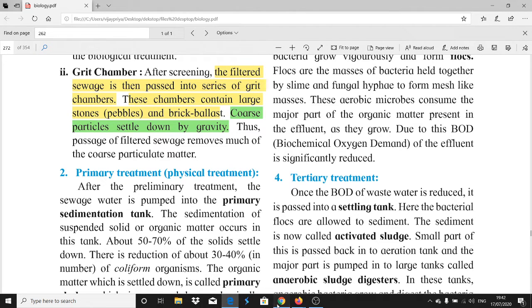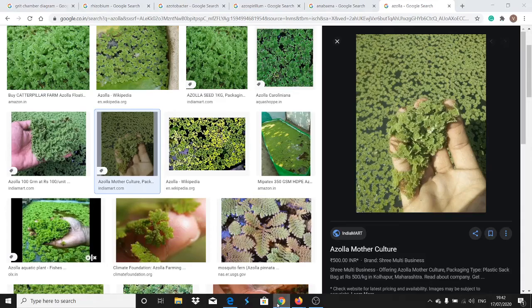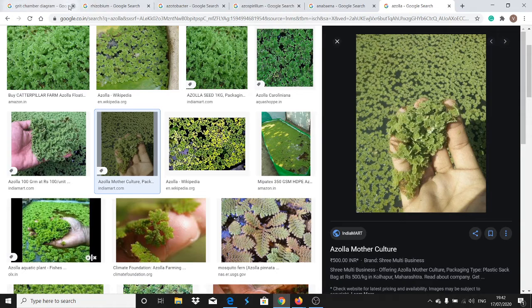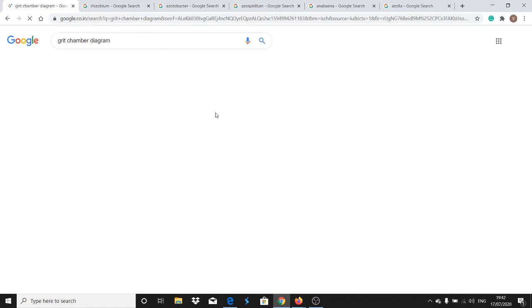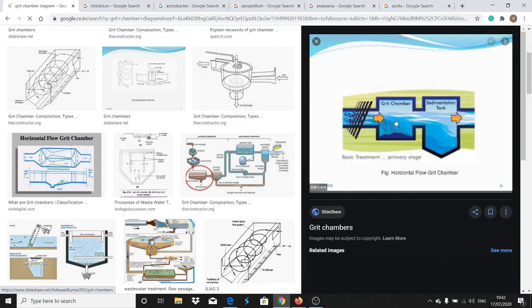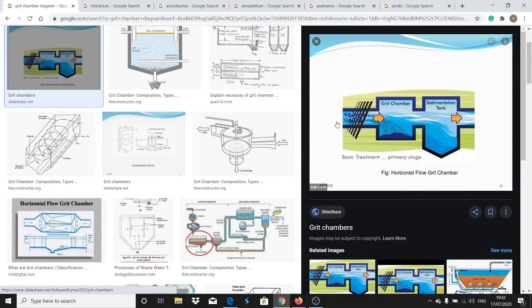Let's have a look at how these grit chambers look. You can observe in this diagram, these are the grit chambers. When the sewage is passed through this passage, the first compartment is the grit chamber. Here the primary stage is involved.